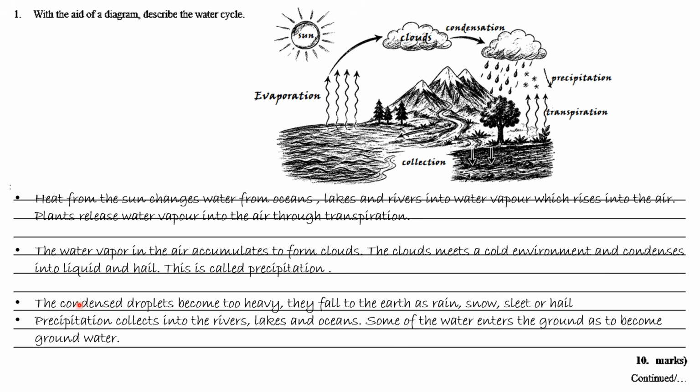So the precipitation collects into the rivers, lakes, and oceans, and some of the water enters the ground to become groundwater.